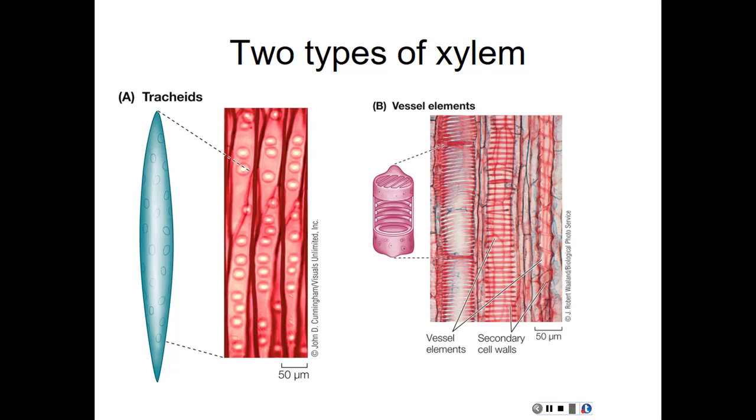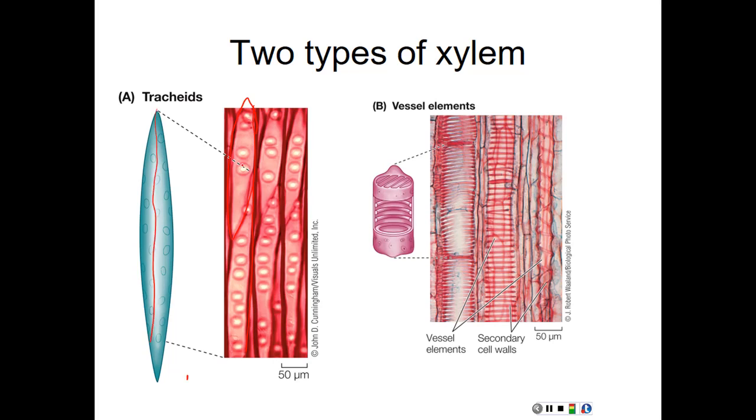Gymnosperms only have a type of xylem cell called tracheids. These tracheids are these tapered looking cells that lay end to end, and water can pass within them.